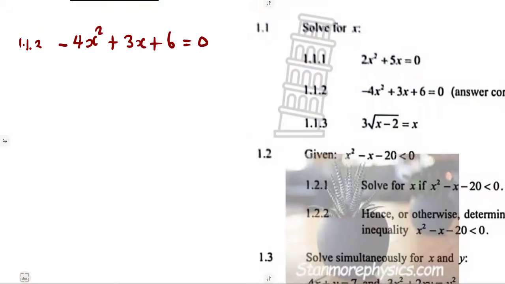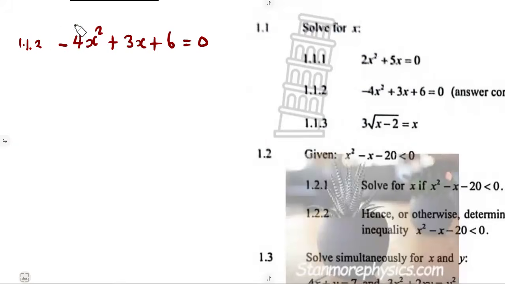So for those who are using completing of the square method, remember that the coefficient of x squared must be a 1. There we are having a minus 4. We are supposed to have a 1, not a minus 1, not a positive 2, but 1, direct 1. So what can we do to obtain a 1?